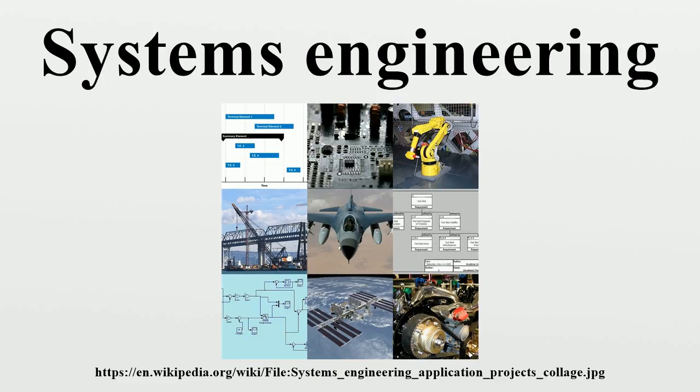INCOSE: a system is a construct or collection of different elements that together produce results not obtainable by the elements alone. The elements, or parts, can include people, hardware, software, facilities, policies, and documents, that is, all things required to produce systems-level results. The results include system-level qualities, properties, characteristics, functions, behavior, and performance.